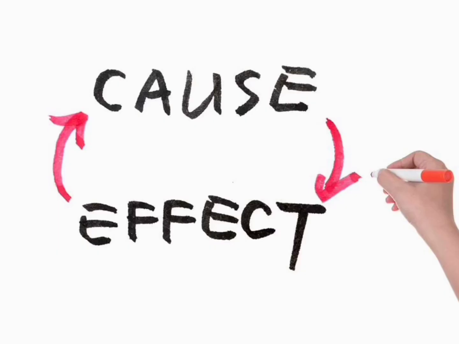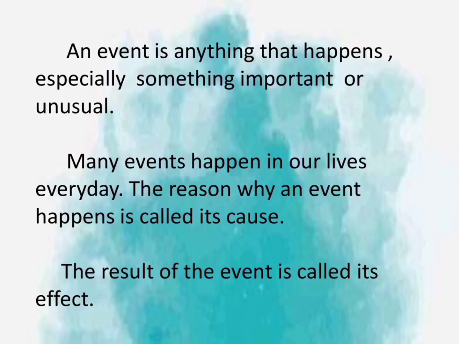Next is cause and effect. In our day-to-day life, so many events are happening, right? Every event has some reason and result. The reason behind the event is known as cause, and the result of the event is known as effect. An event is anything that happens, especially something important or unusual. Many events happen in our lives every day.